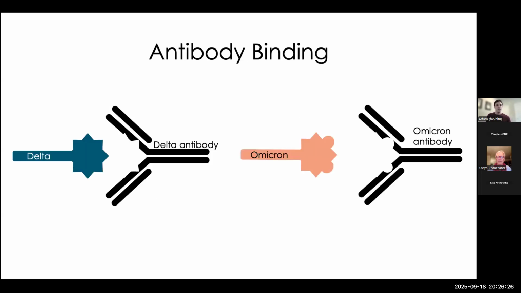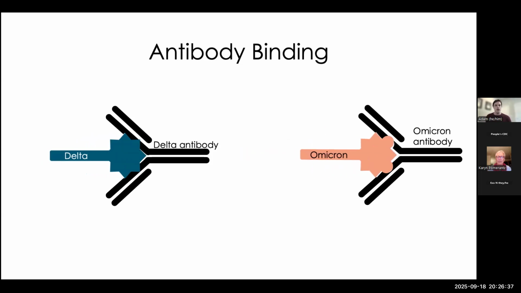So to bring it back to this visualization, we have delta spike protein binding to a delta antibody. It's a great fit. But then you got an Omicron booster. So now when you're exposed to Omicron, your antibodies are set up very well to take care of that Omicron variant that comes into you.